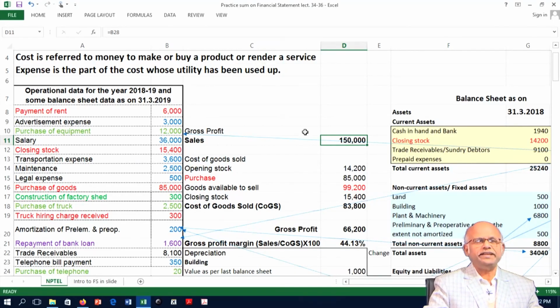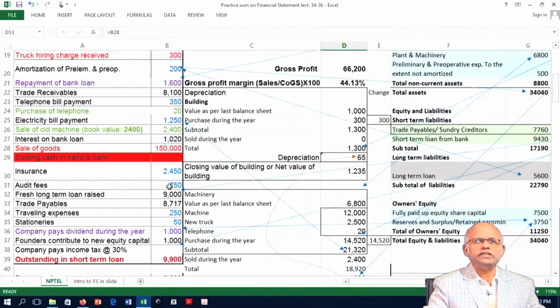During the year 18-19 we made many purchases of raw material. Every now and then some stock got depleted, and then we replenished with new purchases. Whatever we bought, we made an entry in the purchase ledger, and that is how we got this purchase of 85,000 rupees here.